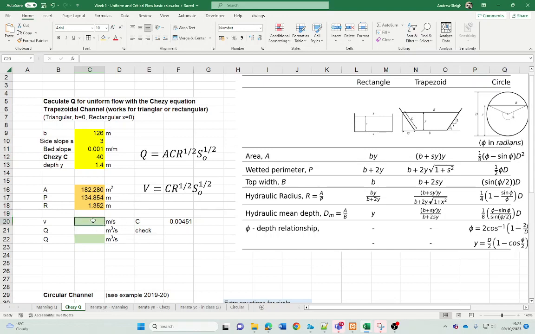Velocity, we'll put in that formula. It's a bit simpler than the Manning's because there's no division by the friction, so it equals C times R raised to the half this time, remember, times S0 bed slope raised to the 0.5.